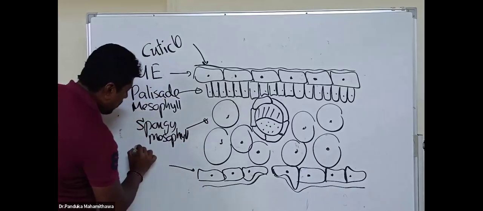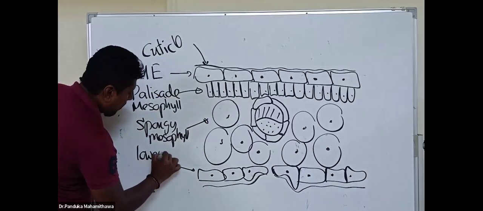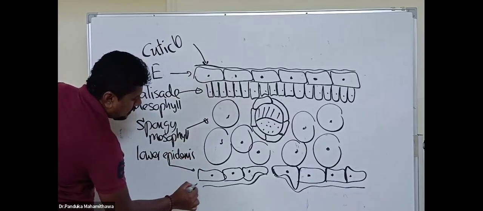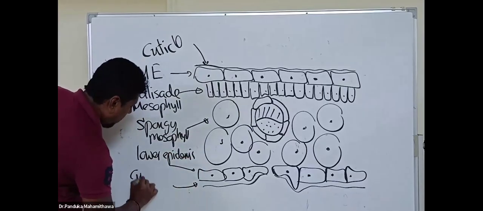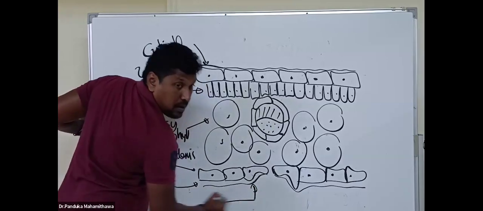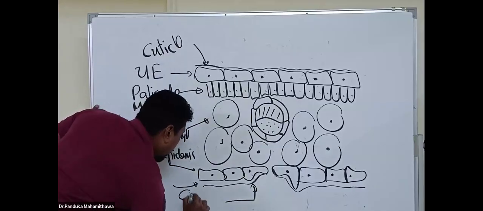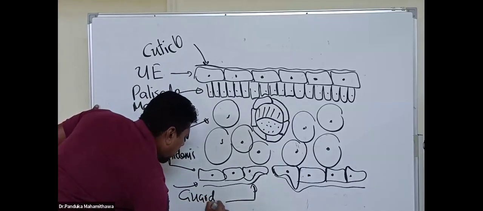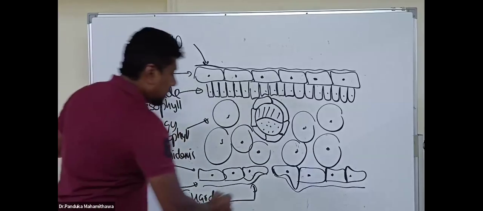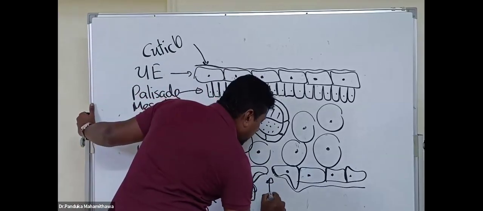This is the lower epidermis. This is the cuticle again. These are the guard cells, and this is the stomata.